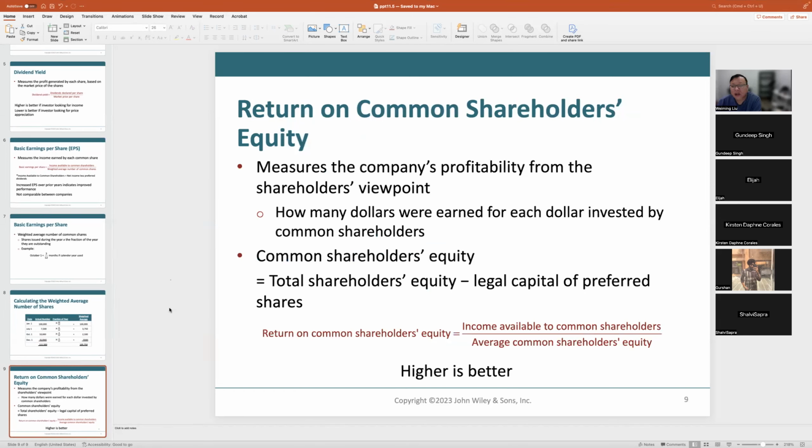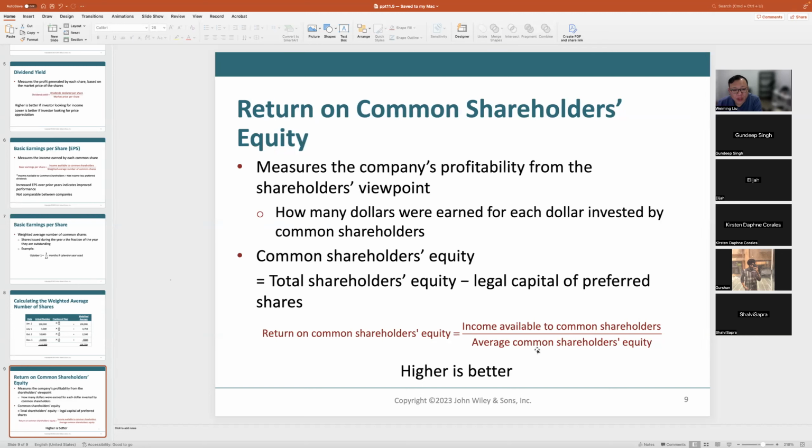This one is called the return on common shareholders' equity. This measures the company's profitability from the shareholders' viewpoint. It's also calculated as a division. Return on common shareholders' equity equals income available to common shareholders divided by average common shareholders' equity.